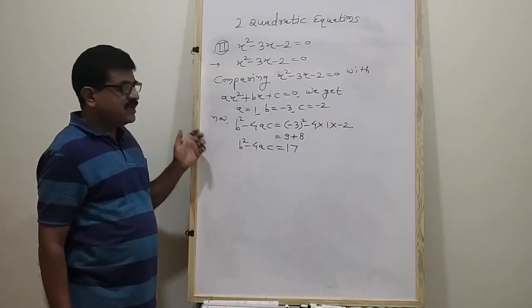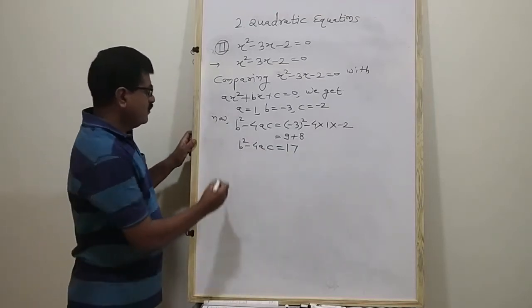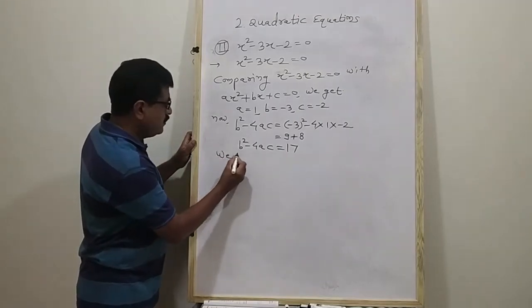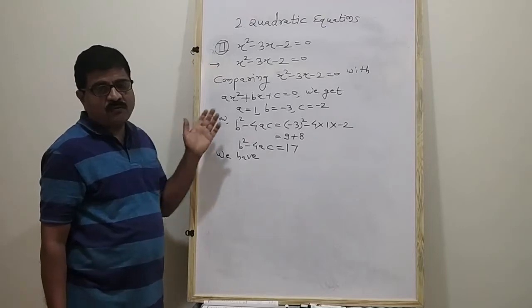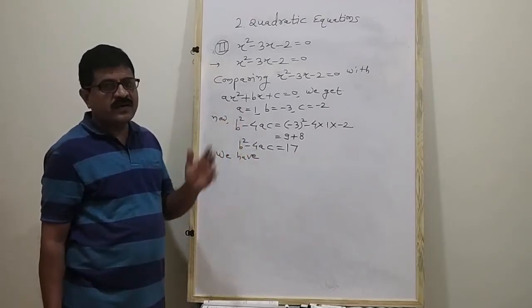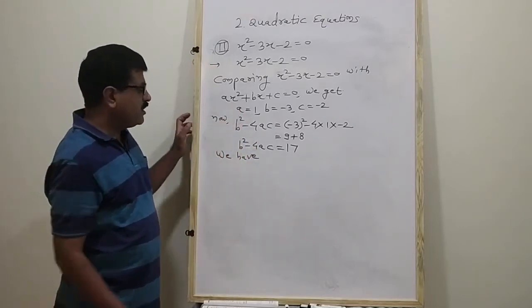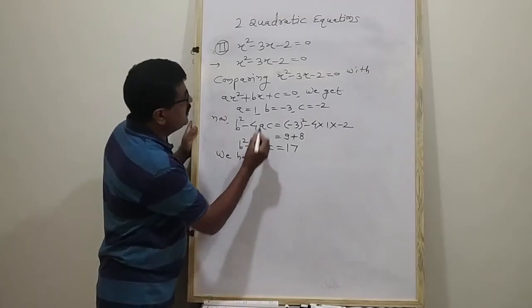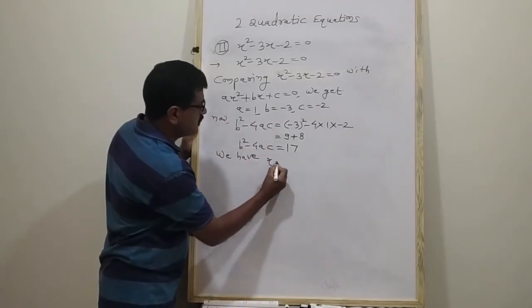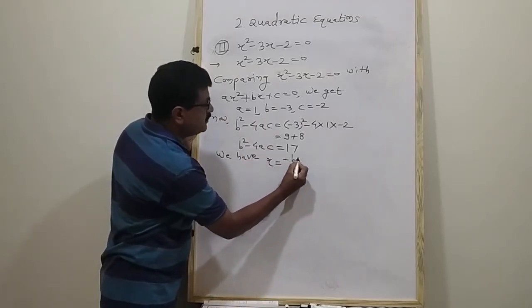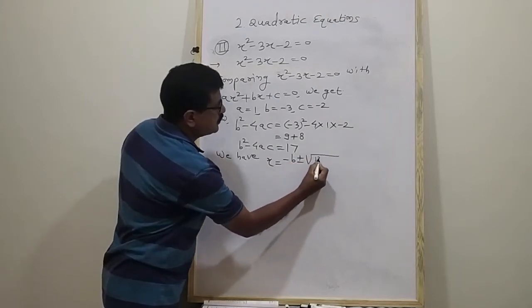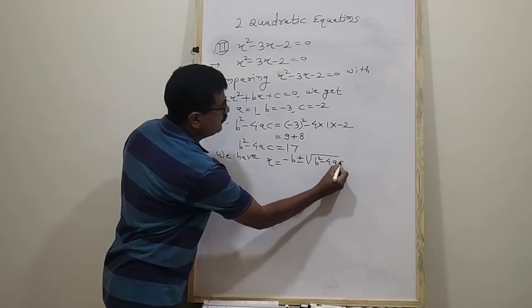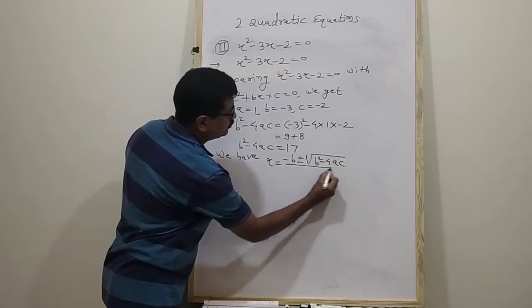And third step is, now by using the formula we have to find the roots of this quadratic equation. Now we have the formula, here variable is x, therefore x is equal to minus b plus or minus square root of b square minus 4ac upon 2a.